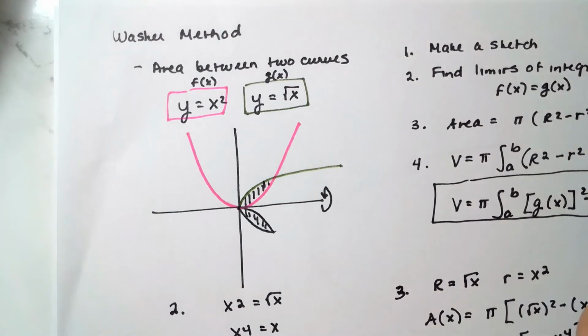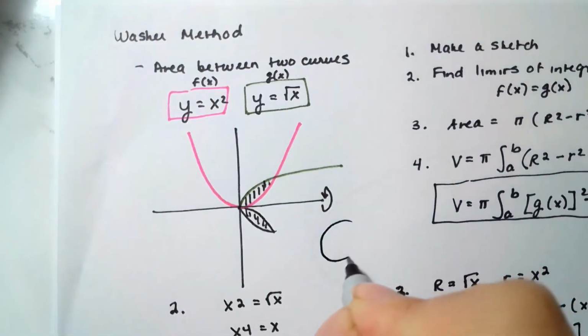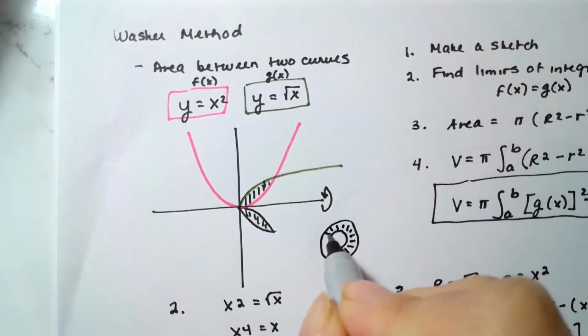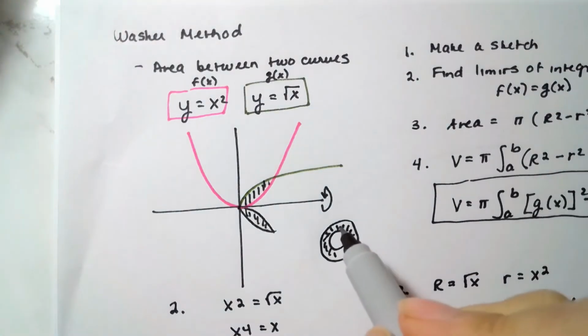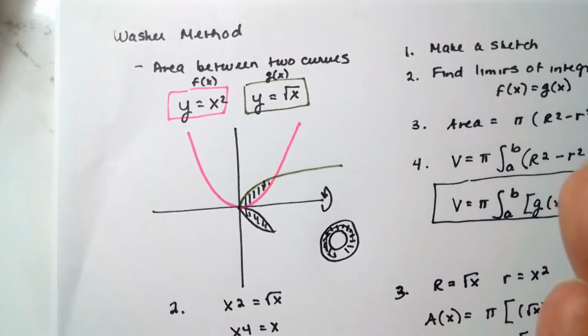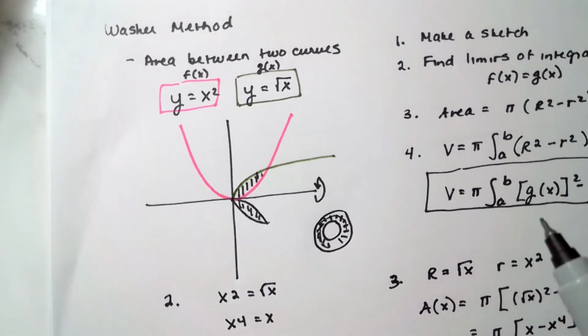If you look at that head on, you're going to see something like this. That's called an annulus. When you revolve this, you get this bowl-looking thing that's actually a very thin shell. You could put cereal in it, just think of a cereal bowl. We want to find the volume of the bowl part, not the empty part inside.